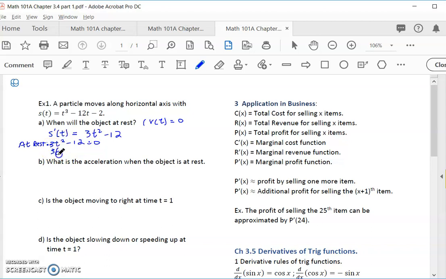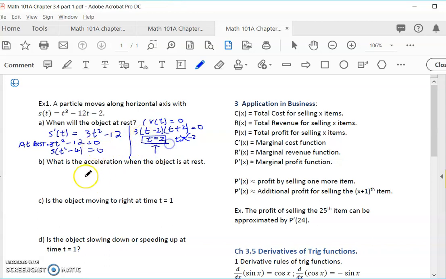Factor the 3 out: t squared minus 4 equal to 0. This is factorable. So if we factor it, 3 times (t minus 2)(t plus 2) equal to 0. So at t equal to 2, or at t equal to negative 2, which doesn't make sense. Time cannot be negative. So at time equal to 2, it would be at rest. So this is the answer.